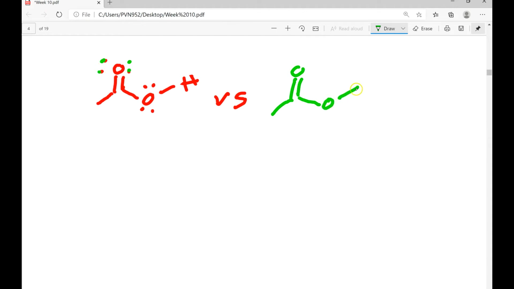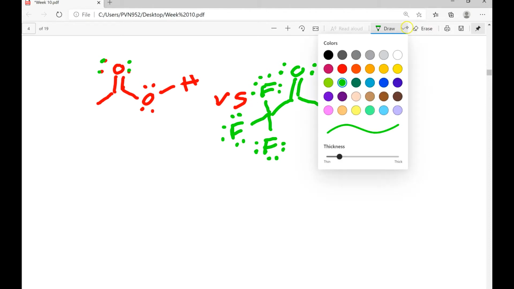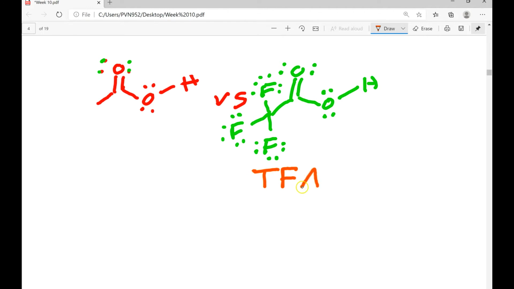Let's compare acetic acid to trifluoroacetic acid. So it turns out trifluoroacetic acid is actually more acidic than acetic acid. So this is trifluoroacetic acid, this is acetic acid.